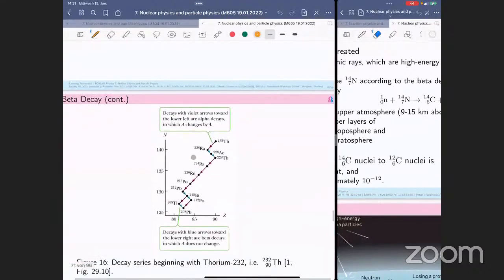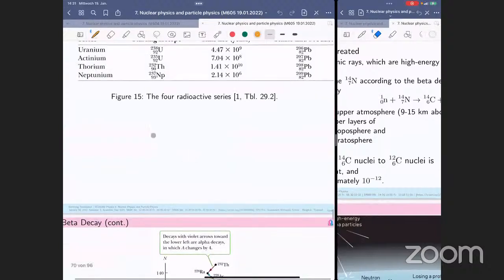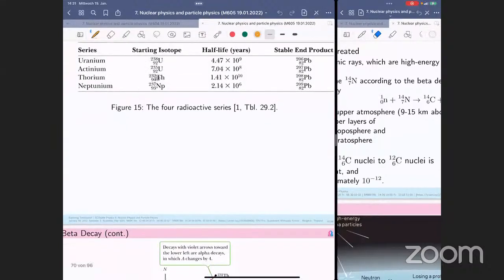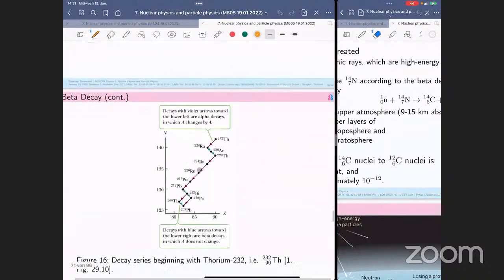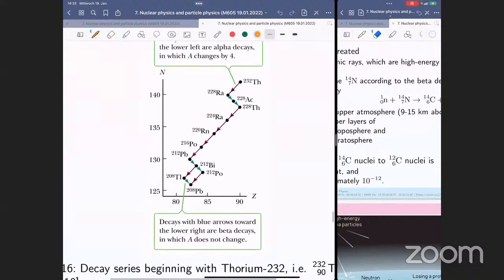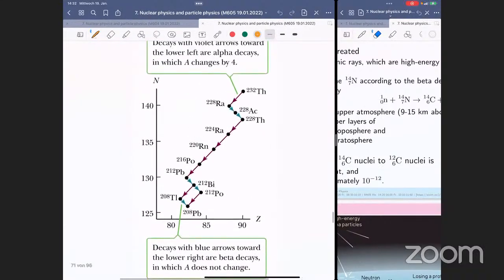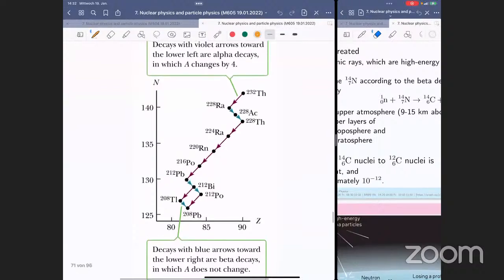And let's consider thorium-232, which is this family, the third family. We start from thorium-232, which has 90 protons in the nucleus. I'm not sure whether you could see well or not. There are two types of decay, right?